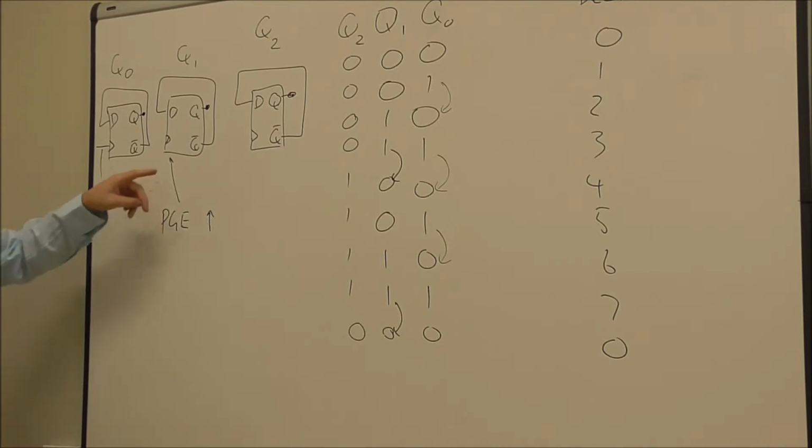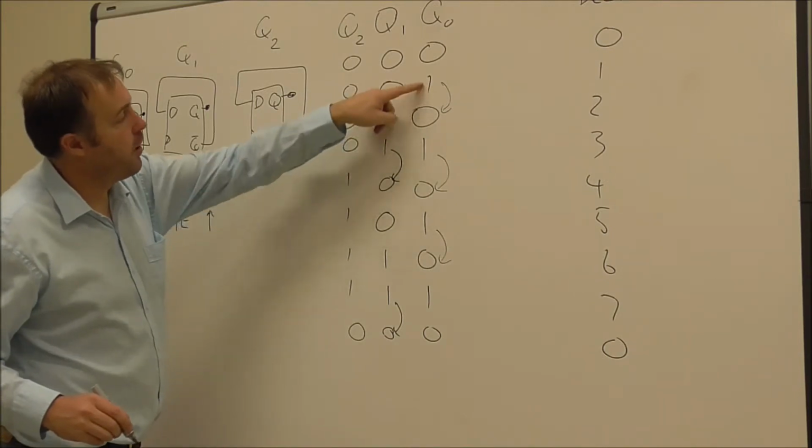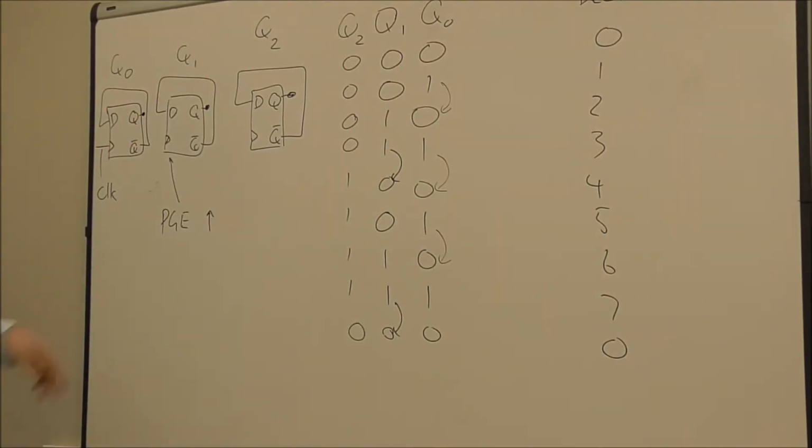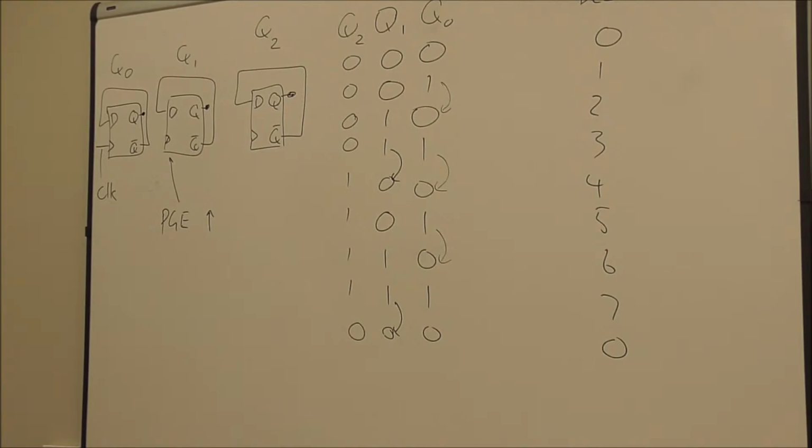It needs to see a rising edge here when the output here goes from high to low. So if Q goes from high to low, Q bar is the one that's going from low to high, isn't it? Because they're opposite each other.